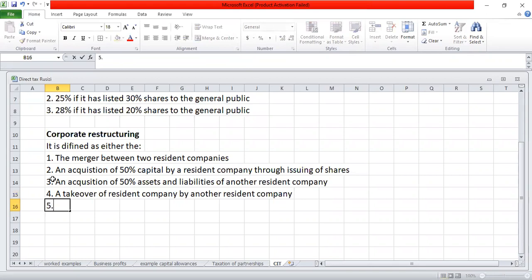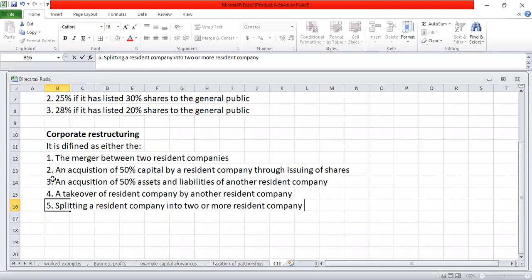Then you have the last one, splitting a resident company into two or more resident companies. If you do a capital restructuring and you split a resident company into two or more companies, that one is also considered as a corporate restructuring.